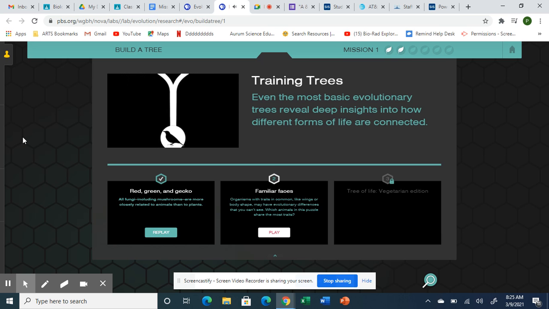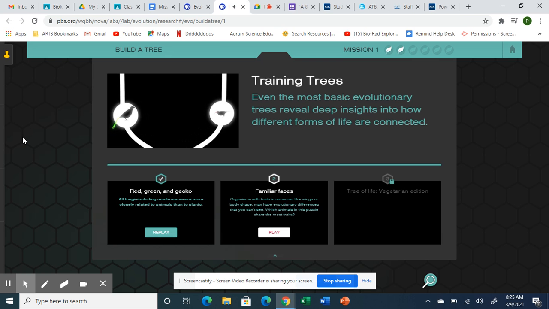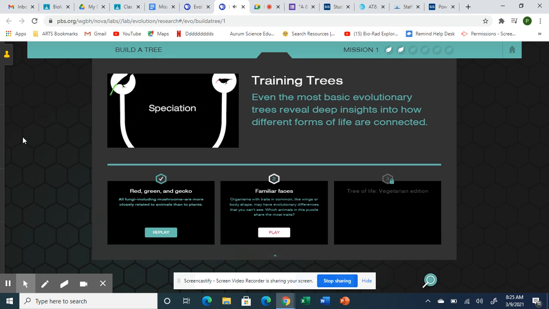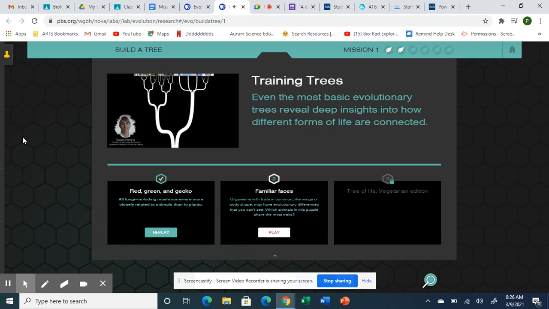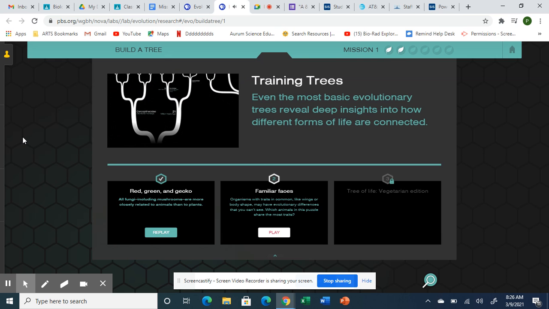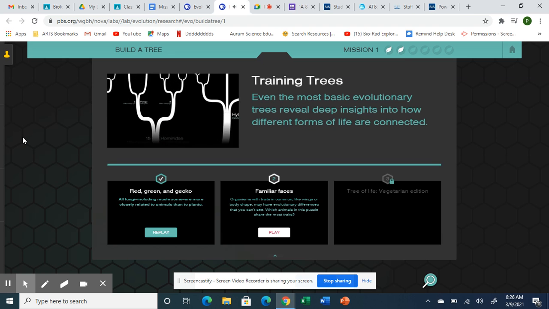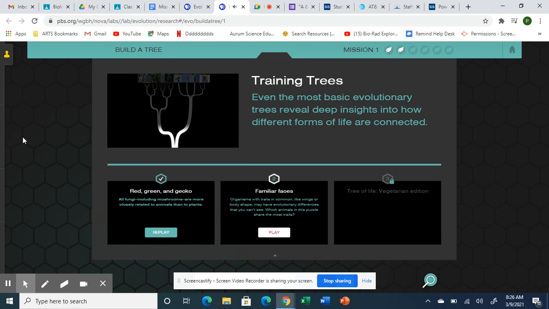For each puzzle in this lab, you'll be organizing a collection of species into a tree. Start by using the magnifying glass to learn about the organisms. Explore the species screens and the comparison screen to track down the characteristics or traits that different groups of species have in common. Now, not all traits are useful for analyzing evolutionary relationships, but not to worry, we've made sure to give you mostly informative ones. After you've gathered the information you need, build your tree by dragging species icons and then traits into the center of the screen. In general, the more closely related the species, the more traits they share.